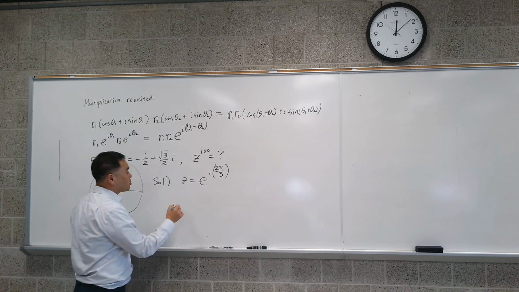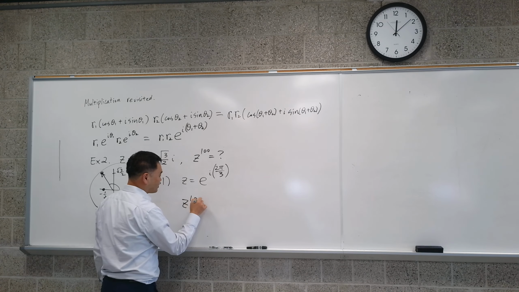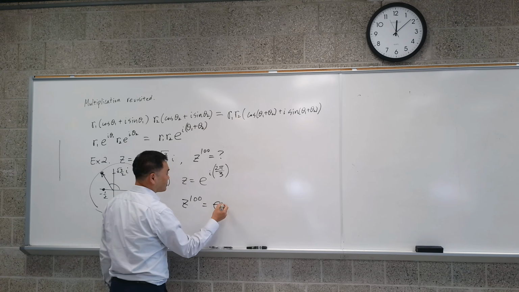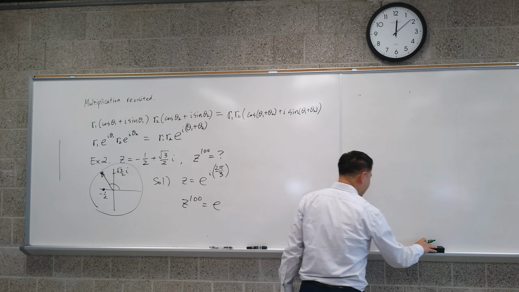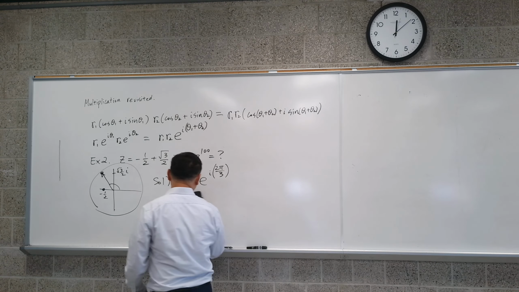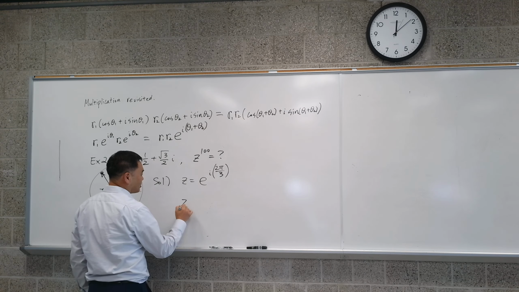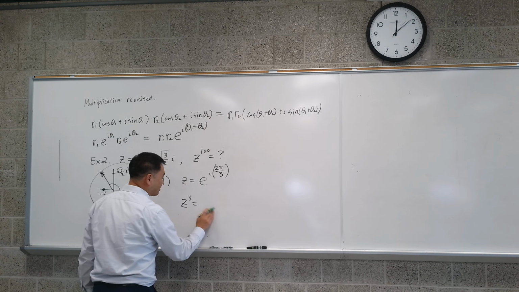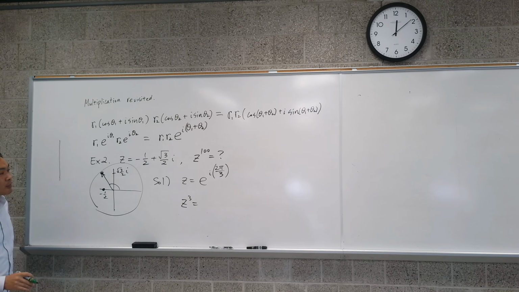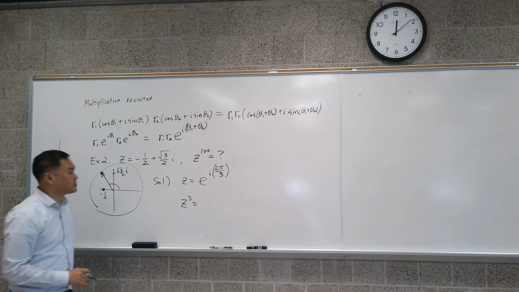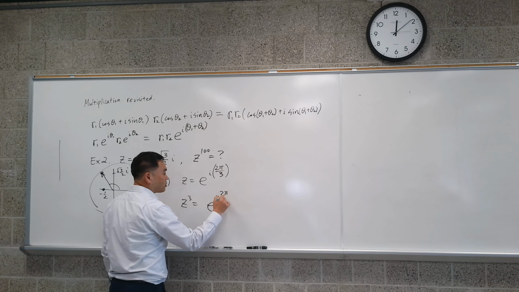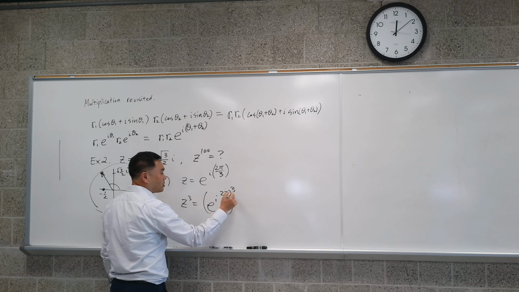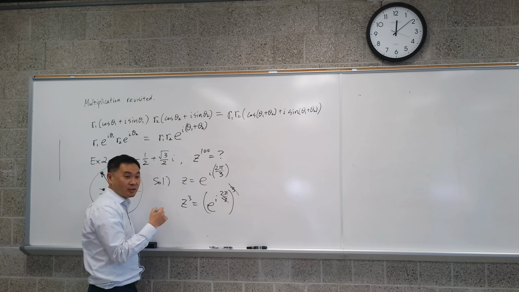Now you take the 100th power. Well, rather than that, let's just take the 3rd power. That's easier. So what is z to the 3rd power? e to the i times 2 pi over 3, to the 3rd, the 3 cancels, right?